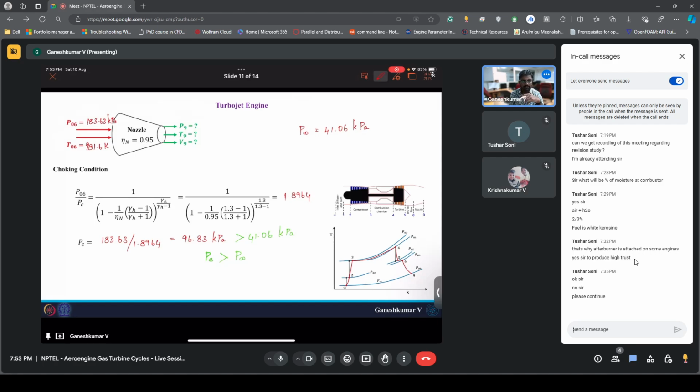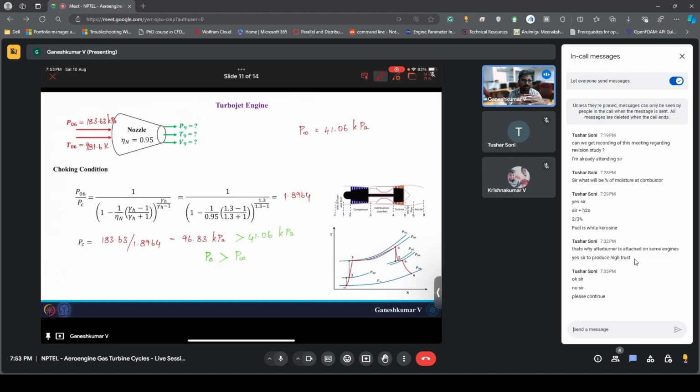So this choking condition will tell whether the mass flow rate through your nozzle is very high or less than that. If your critical pressure is higher than the ambient pressure, then your nozzle is choked and the mass flow rate through your nozzle is fixed. If it is not, your mass flow rate can vary, it can be lesser, it can be more. That basically happens in a ground condition. When your flight is stationary, normally your nozzle will be unchoked.